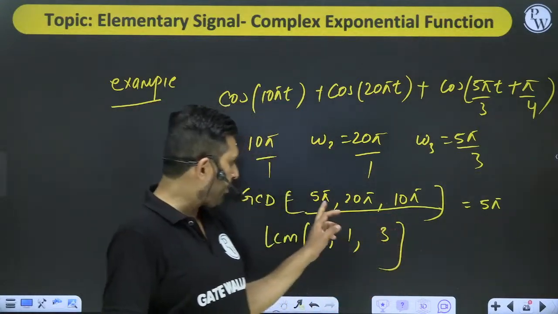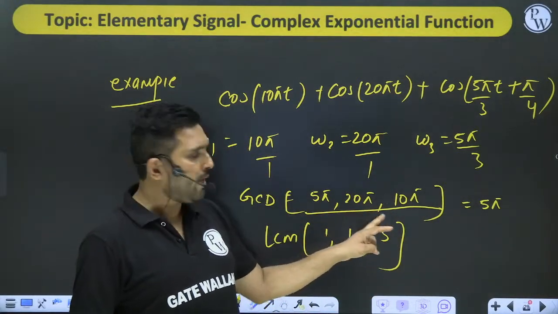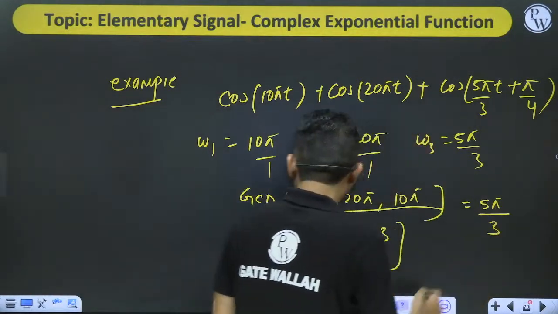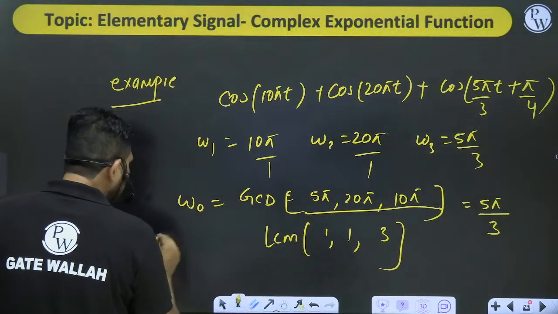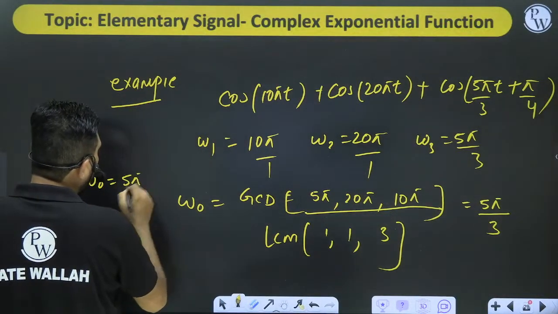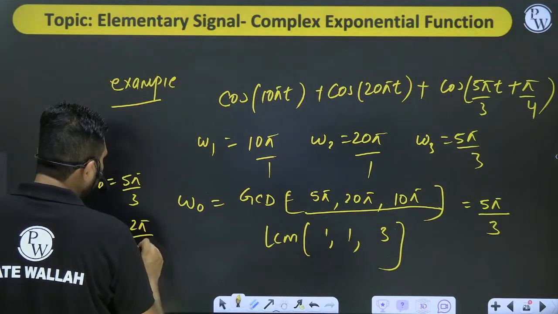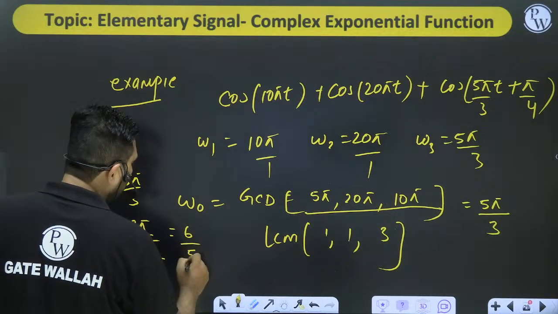Why? Because 5 pi times 1 is 5 pi, 5 pi times 4 is 20 pi, 5 pi times 2 is 10 pi. And what is the LCM? LCM is 3. So omega naught comes out to be 5 pi over 3. So T would be 2 pi divided by 5 pi by 3, which comes out to be 6 by 5.